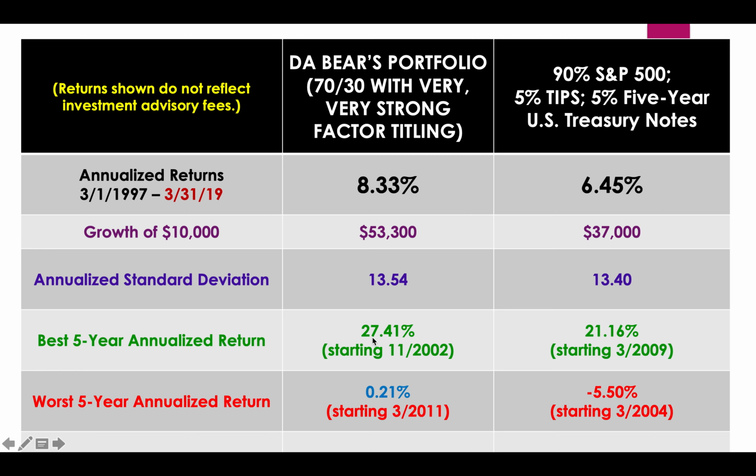The best return, 27.4%. The worst 5-year return was 0.21%. The best return of this portfolio is 21%, but the worst 5-year average annualized return is minus 5.5%. So that's minus 5.5% per year for 5 years. That's a pretty big downturn.